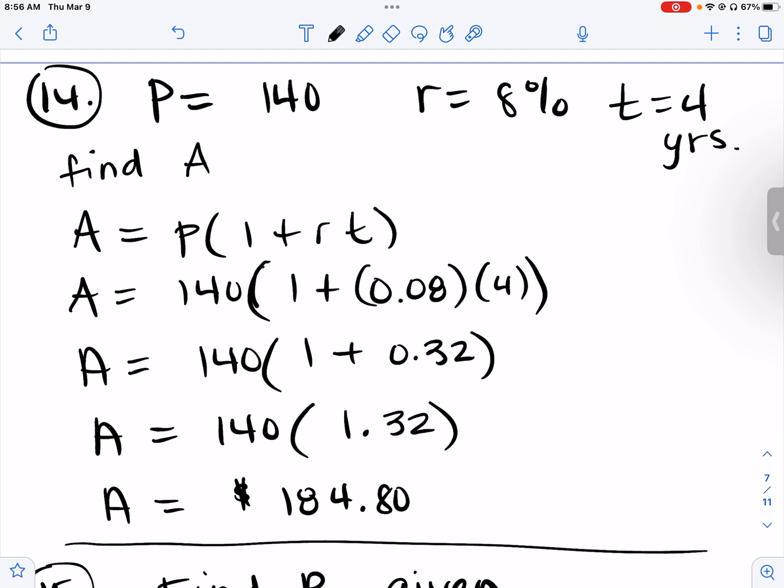Inside our big parentheses, we have addition and multiplication. So we multiply first. 0.08 times 4 is 0.32. We have to finish off inside our parentheses. So we add. 1 plus 0.32 is 1.32. And our last step is to multiply. So A equals 184.80.